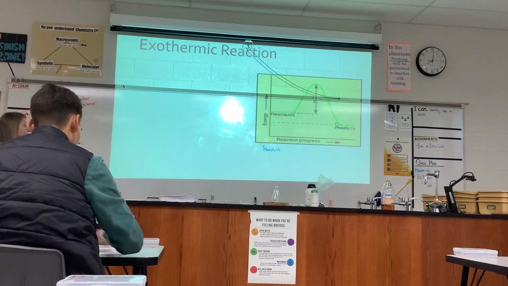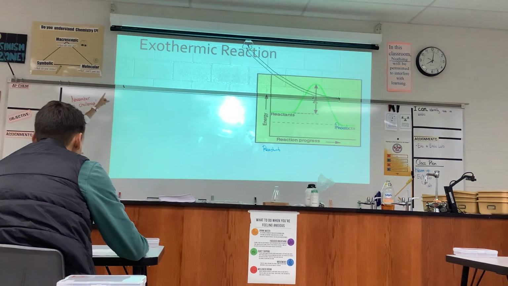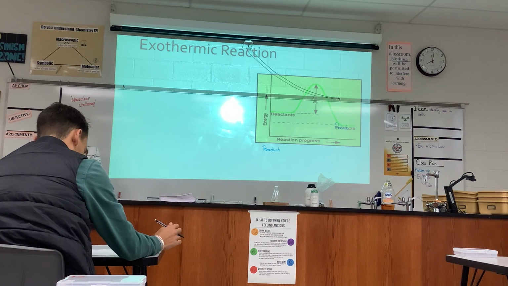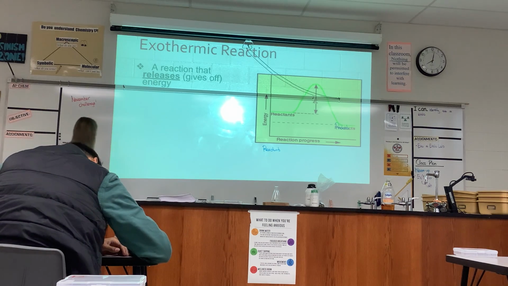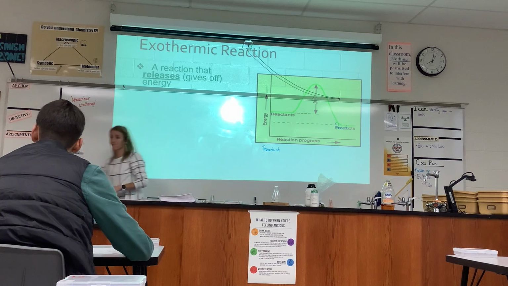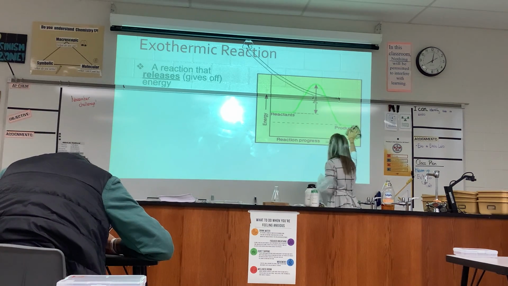All right, so our first type is exothermic. If it helps you remember, think EX, exiting. An exothermic reaction is where the heat is leaving the reaction, or it releases heat. Exothermic, exiting. The reaction that gives off or releases energy. So all exothermic graphs have a bigger downhill than uphill.